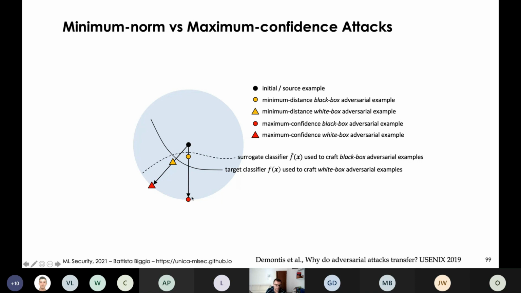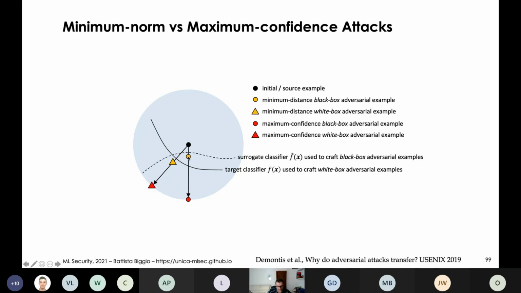So you can look at the example here. When I'm attacking my surrogate model, so this f is an approximation of the true function, I'm crafting one minimum distance attack and a maximum confidence attack. And then I want to test them against the target model, which is a solid line.